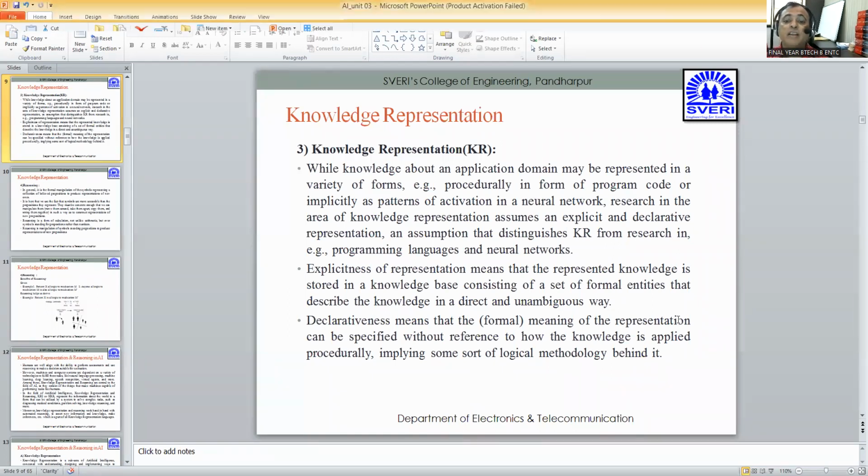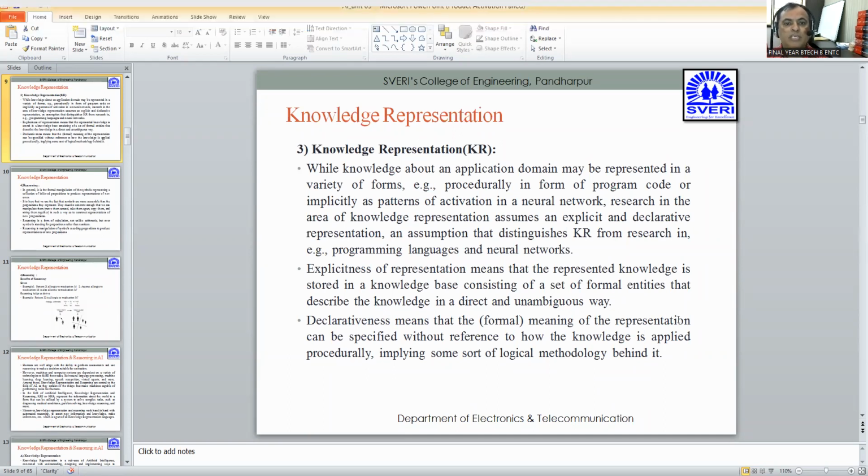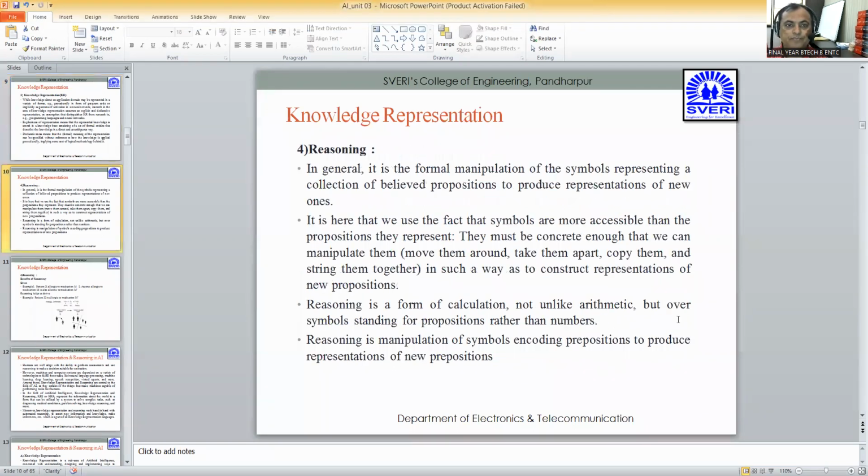That is called declarativeness. You have to declare why this knowledge has been applied, why this knowledge has been represented. And that is nothing but implying some sort of logical methodology behind it to implement this declarativeness. This is all about knowledge representation.